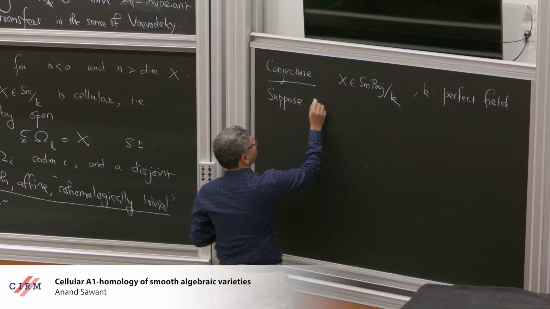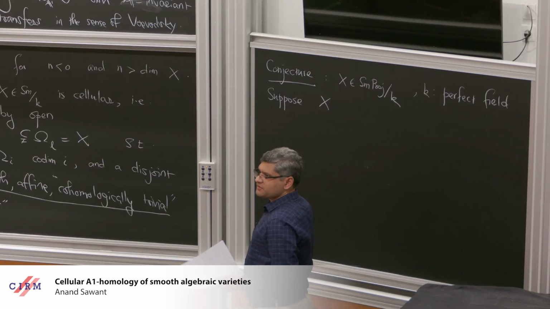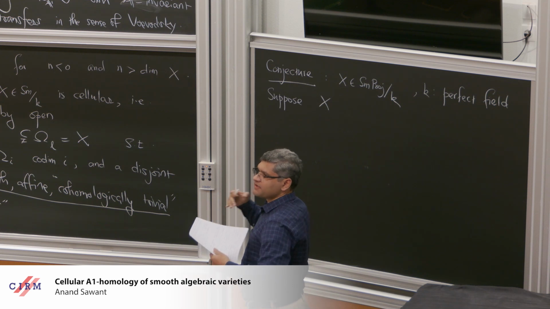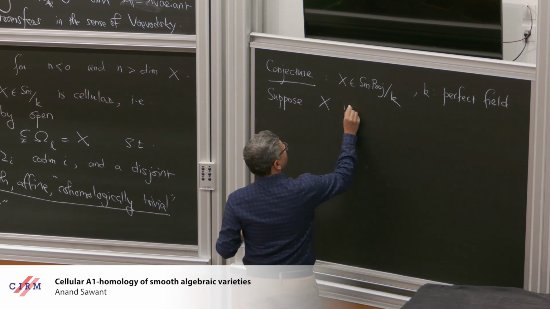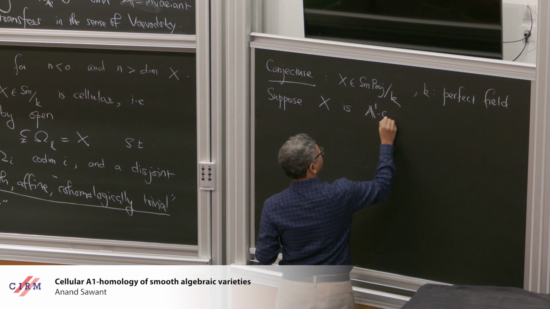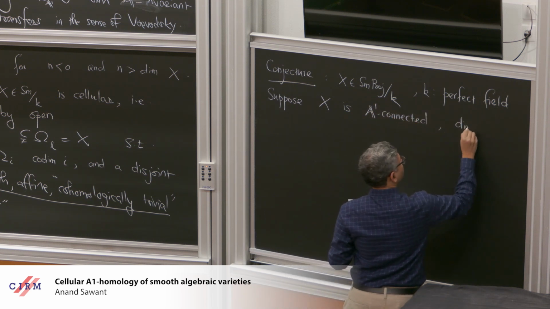Since X is assumed to be smooth projective, the notion of A1-connectedness is that over K as well as every finitely generated separable field extension of K, any 2 points on X can be joined by chains of A1s or P1s. Okay, so suppose X is A1-connected and the dimension of X is D.